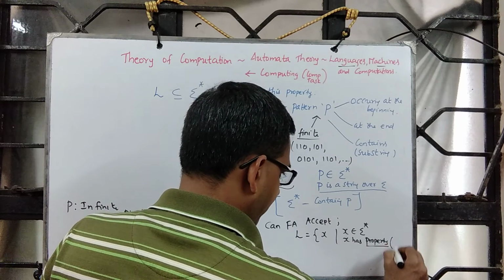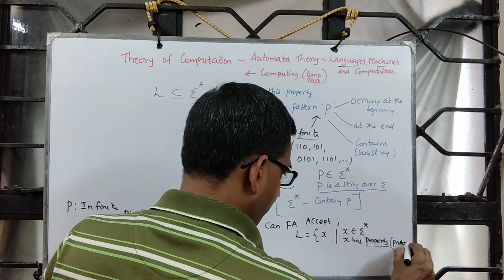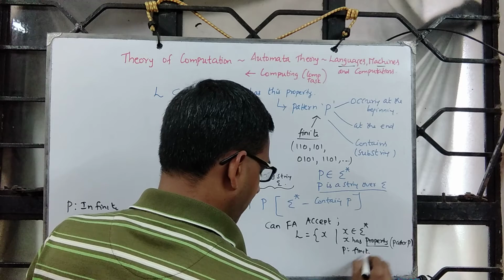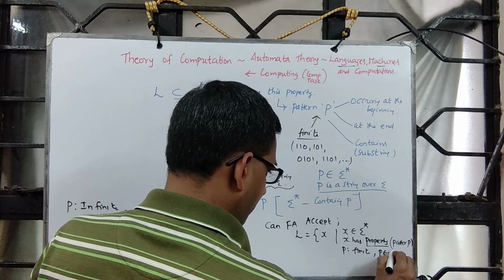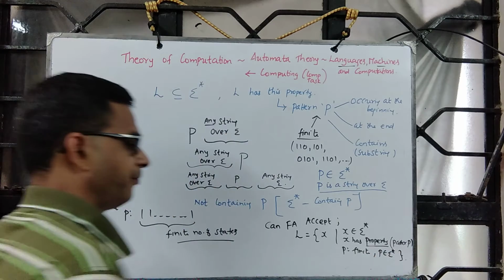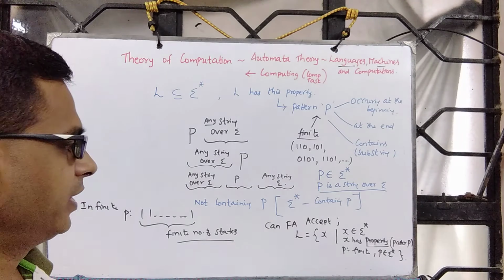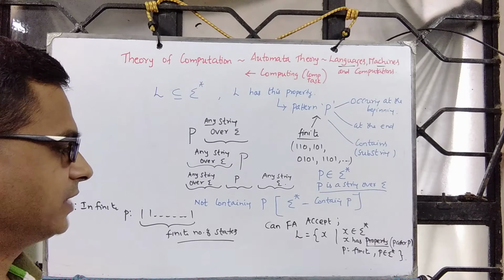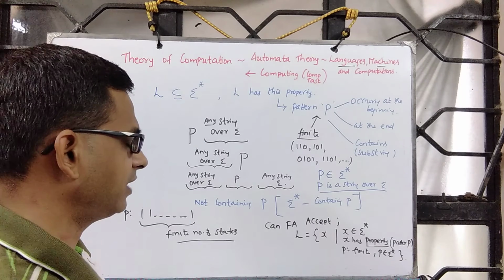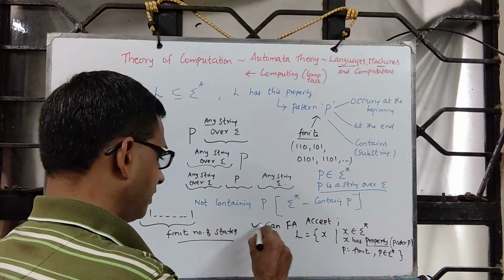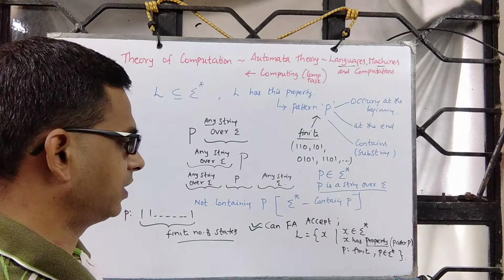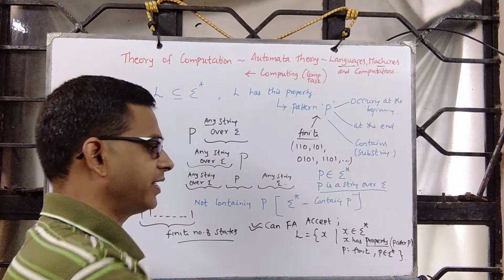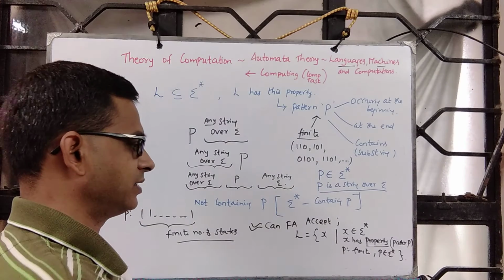So it has some property. The property is pattern P, and P is finite and P is a string over sigma. Now it could be any P, and as long as it is finite and it is an element of sigma star, one can always construct a finite automaton. Now one can also say this property could be not containing pattern P. The answer is yes.